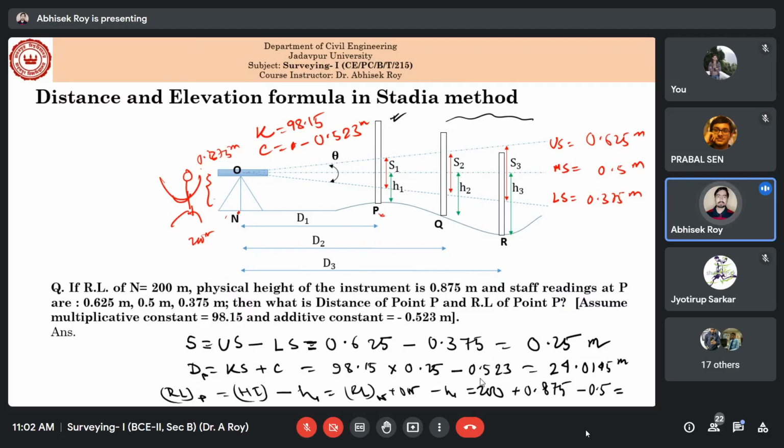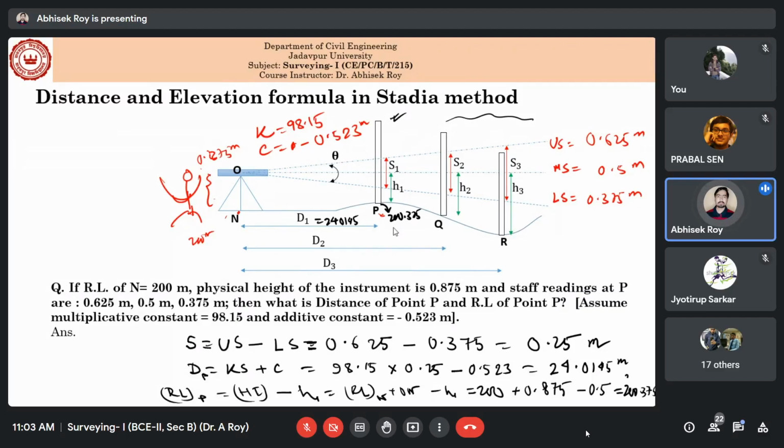So 200.375. That means this point's RL is 200.375 and this distance is 24.0145. So you can see how easily we can calculate. You just have to note down these three stadia readings, and by this you can calculate the RL as well as the distance.